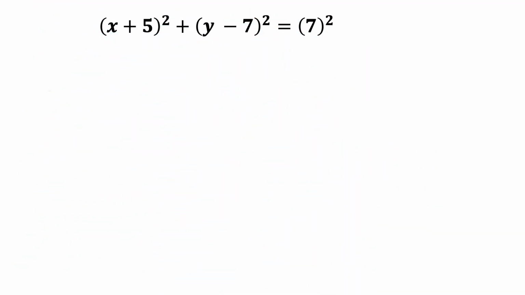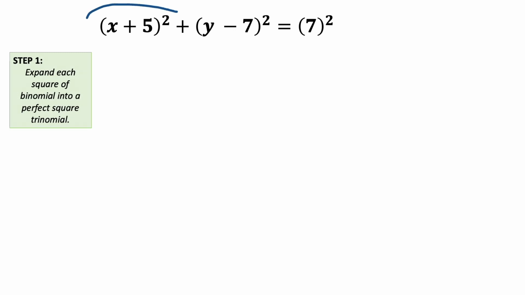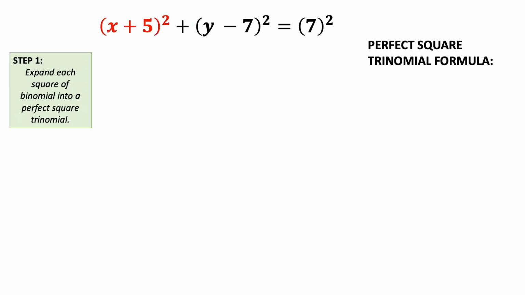In step 1, we will expand quantity x plus 5 squared and quantity y minus 7 squared into perfect square trinomials. To do this, we will use the perfect square trinomial formulas.